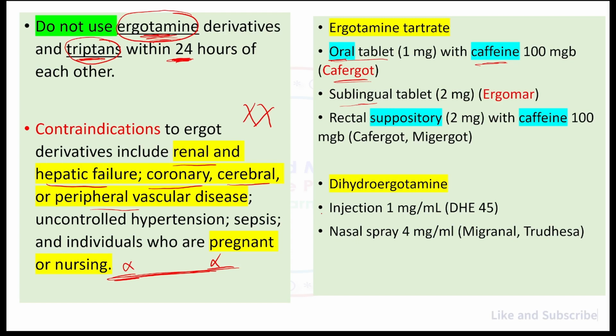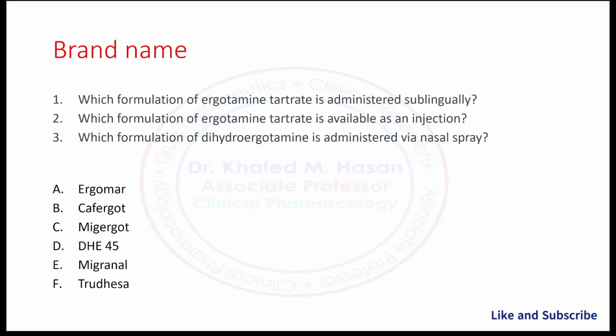With the dihydroergotamine, we have injection, DHE 45. For the nasal spray, we have Trudhesa, and we have Migranal as a nasal spray, dihydroergotamine, or dihydroergotamine injection, DHE 45. We need ourselves to be familiar with the generic name and brand name for each medication.